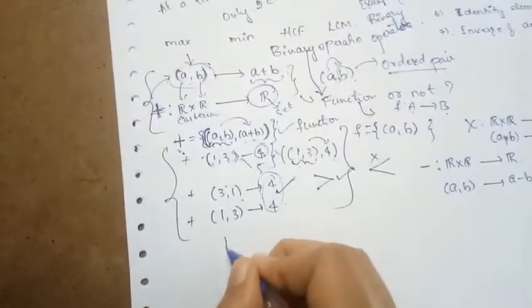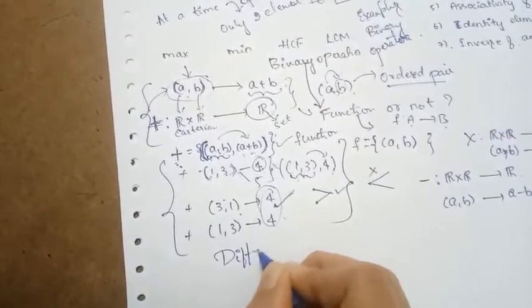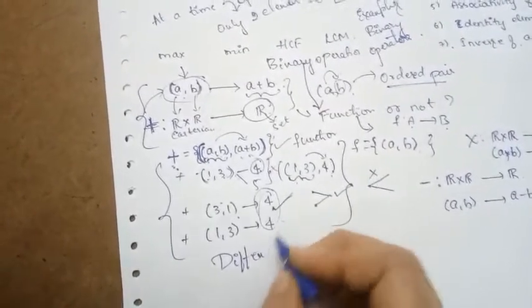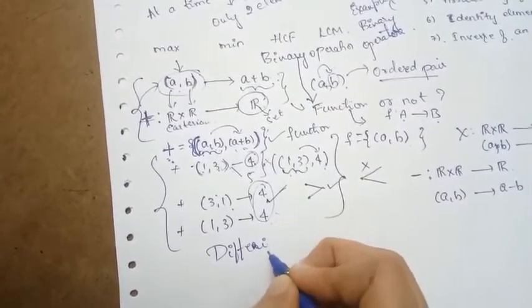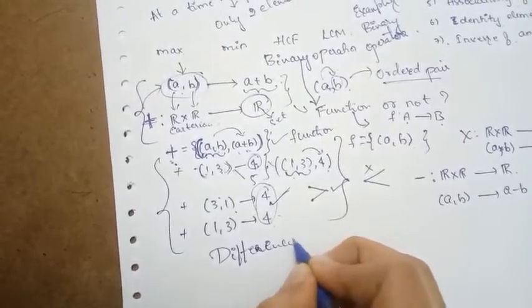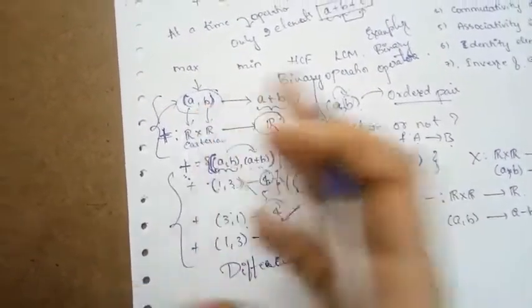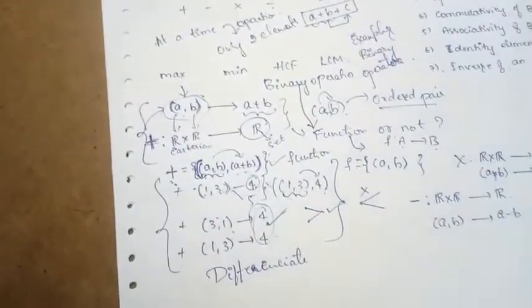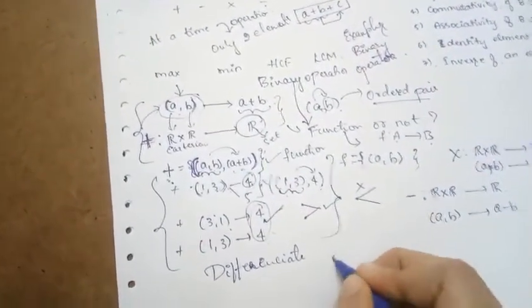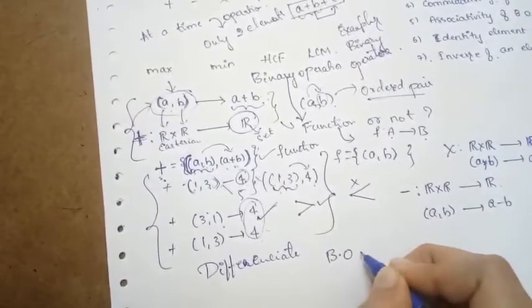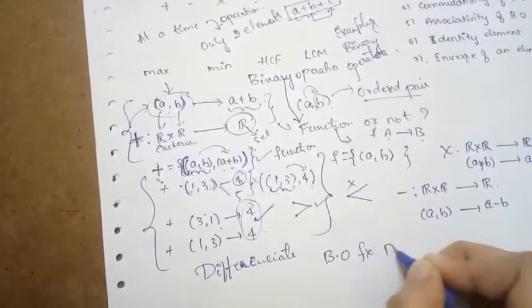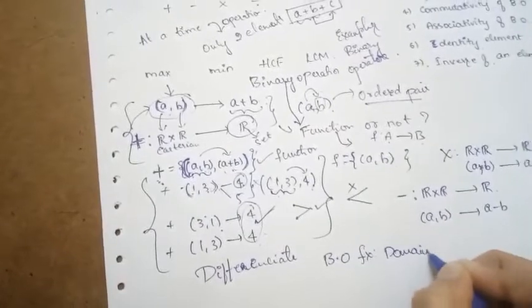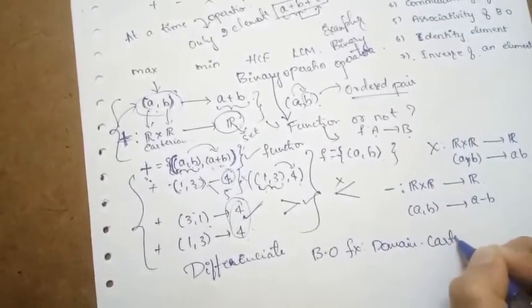If we differentiate between an ordinary function and this binary operation, clearly a binary operation is a function whose domain is a Cartesian product.